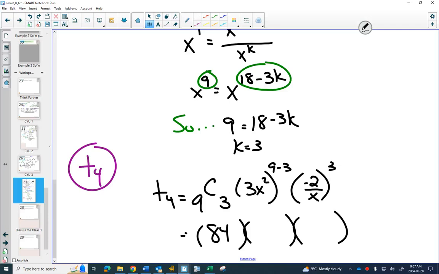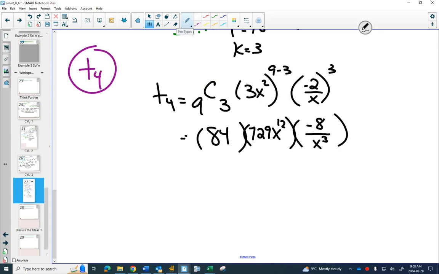This exponent is going to be the 6, so 3 to the 6 is 729, and x squared to the 6 will be x to the 12. And here, negative 2 cubed will be negative 8 and x cubed.